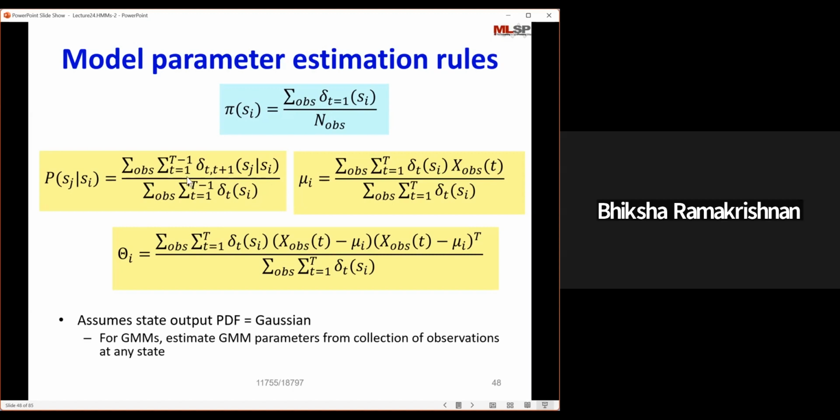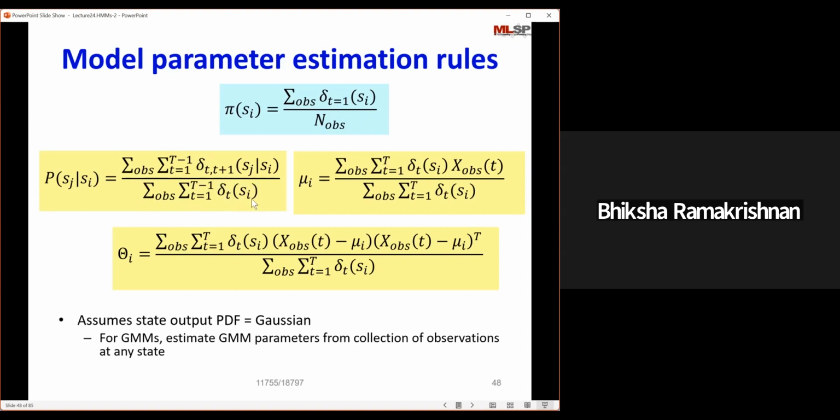What is the denominator computing? Yes, at non-terminal locations, you're summing over all observation sequences, going across time, up to the penultimate observation.